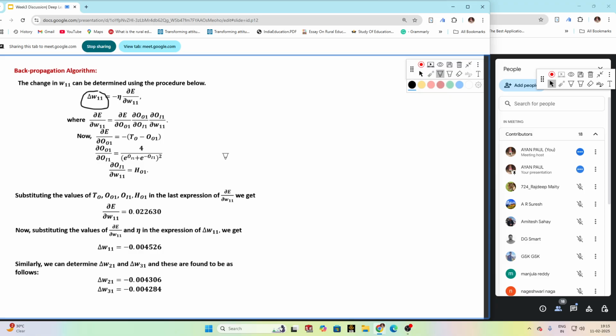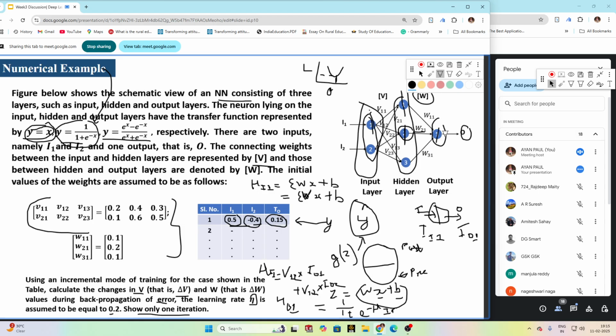Now again, we cannot directly calculate del E by del w11. How can we calculate it? We have to apply the chain rule.